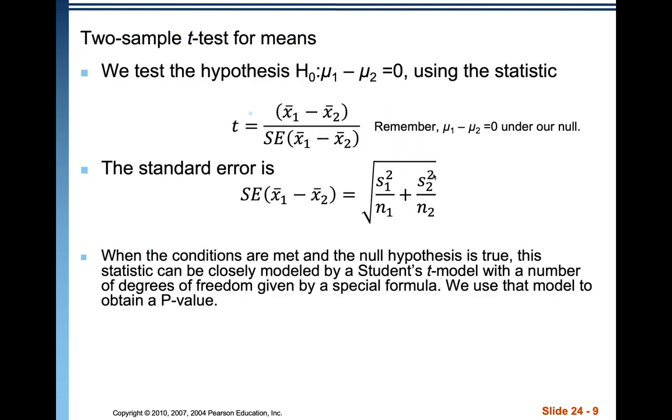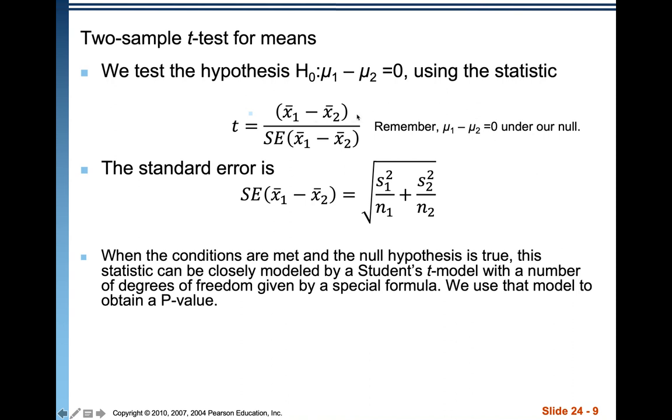All right, and the other type of inference we do is hypothesis testing. So when we're doing hypothesis testing, our null is going to be that the difference between the means is 0, or that mu1 equals mu2. Logically, those are the same things. So for this, our test statistic looks a little less complicated than it did for confidence intervals, because under our null, the difference between the population means is 0.